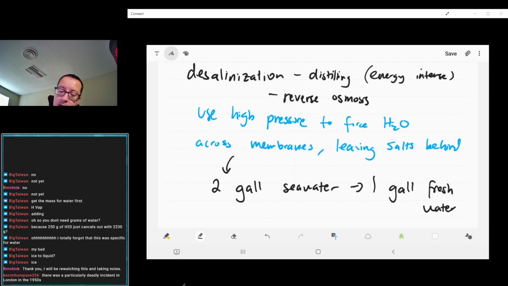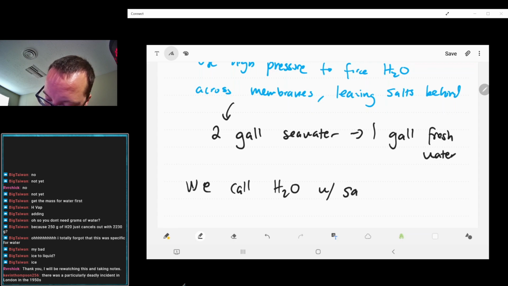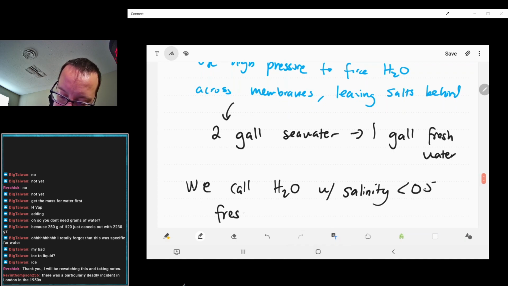Alrighty. So typically, once we have isolated the water, we call water with a salinity of less than 0.5 fresh water.